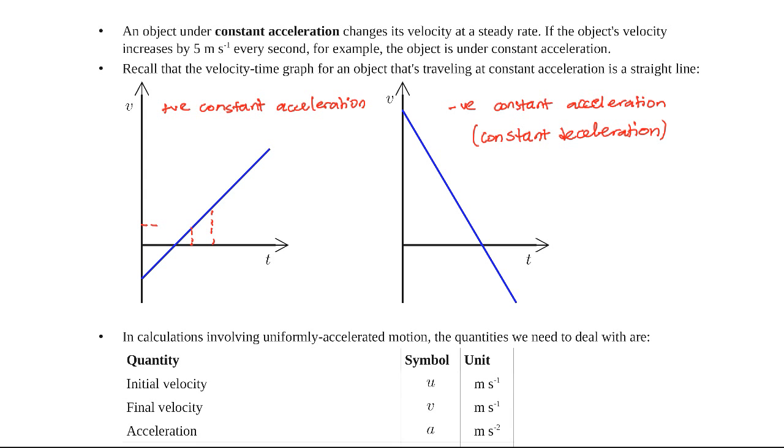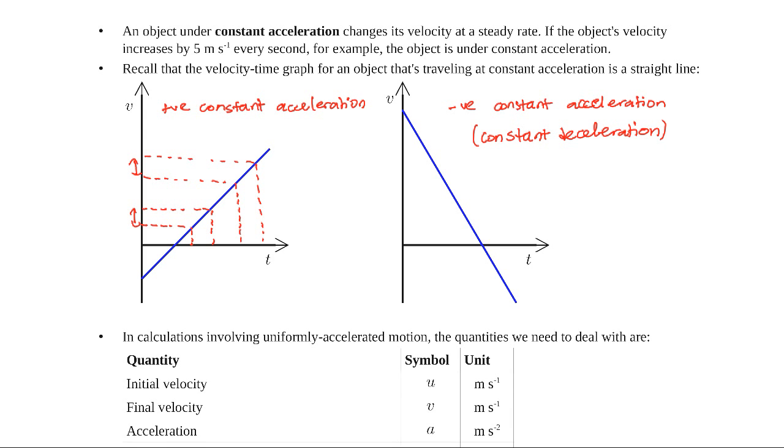Then the change in velocity will be this amount, and if we select that same time interval at some other place, then that would also give the same increase in velocity.